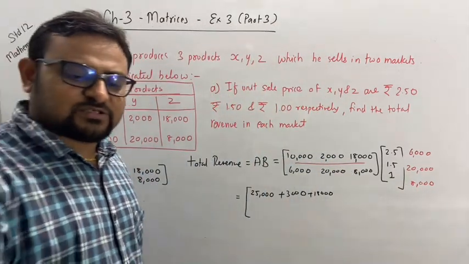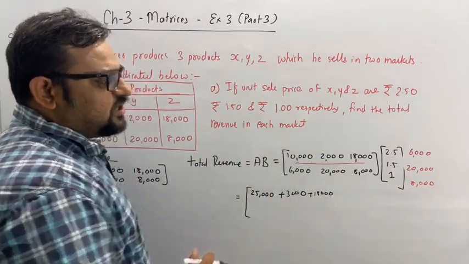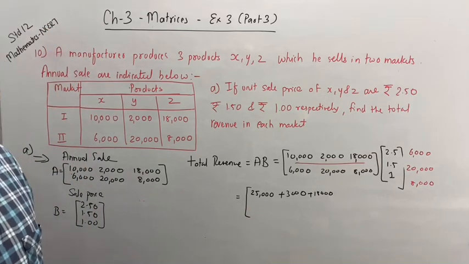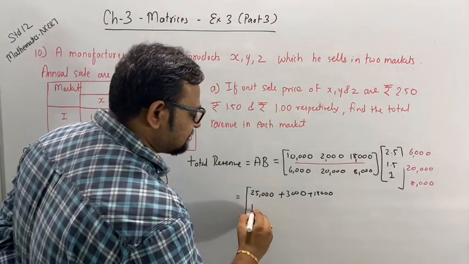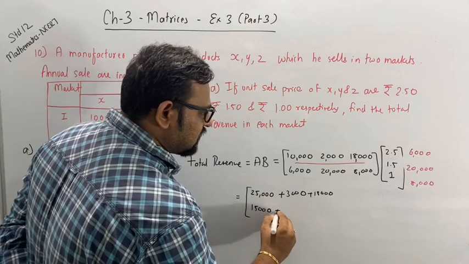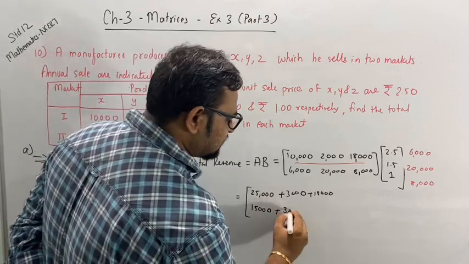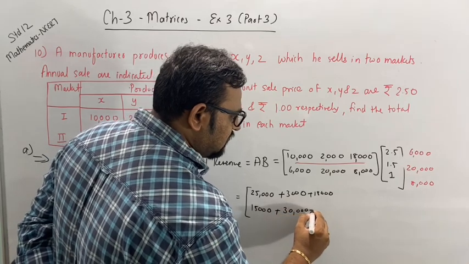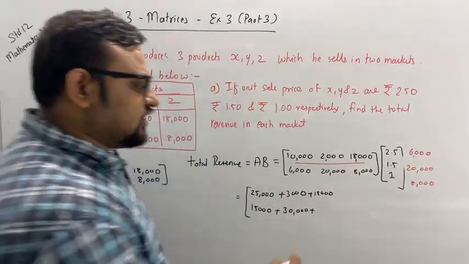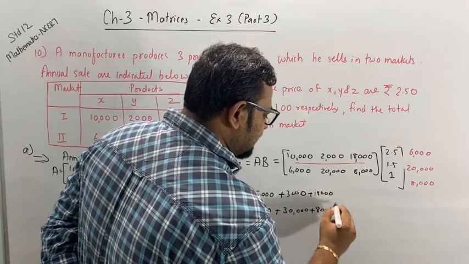Clear? So now let's multiply it. 6,000 into 2.5 will be 15,000, plus 20,000 into 1.5, which will be 30,000, and 8,000 into 1 will be equal to 8,000.